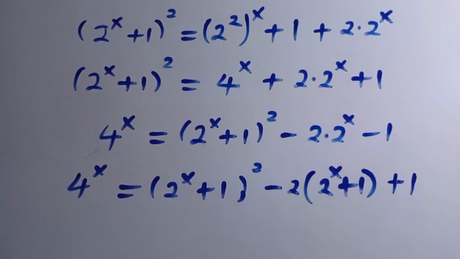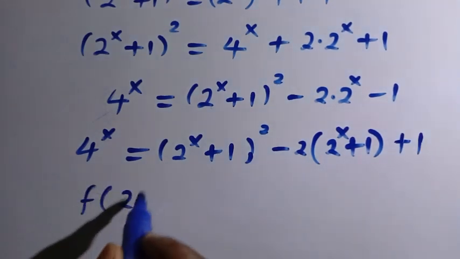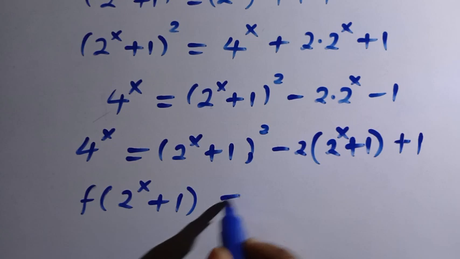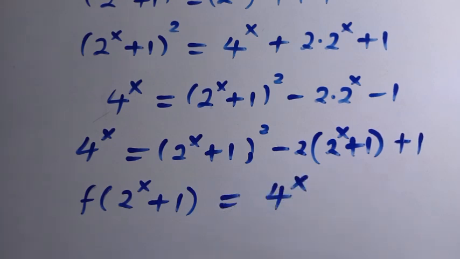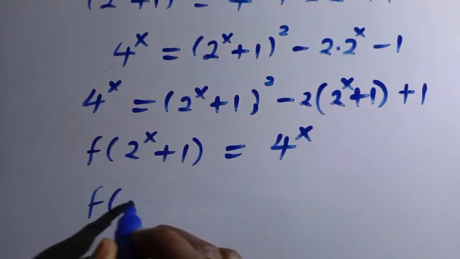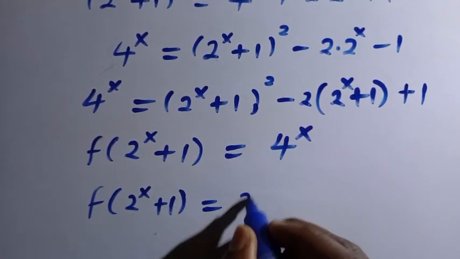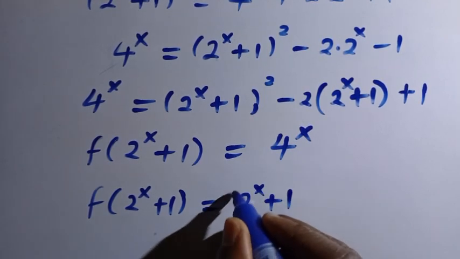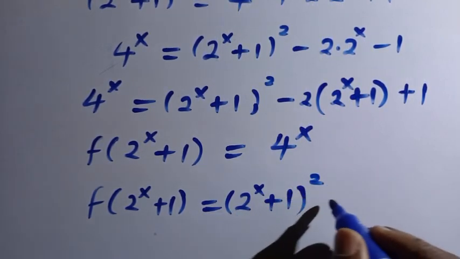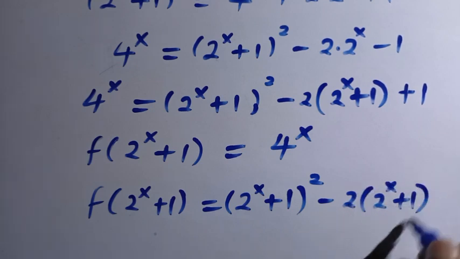Okay? So after successfully adding this, now let's recall from the question, which is f of 2 power x plus 1 equals 4 power of x. And here we have 4 power x, which is the whole of this. So what we do here is we replace it. And when we replace it, we have f of 2 power x plus 1 equals, so instead of 4 power x, we change it to 2 power x plus 1 raised to power 2 minus 2 into bracket of 2 power x plus 1.